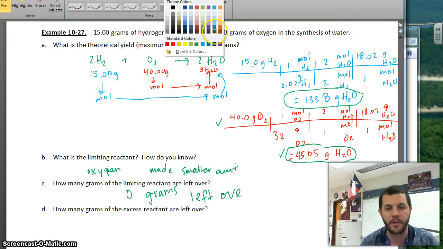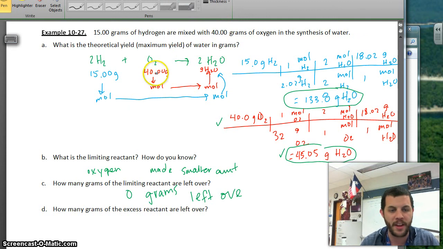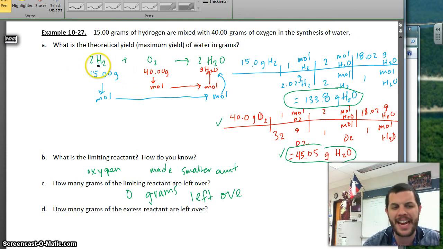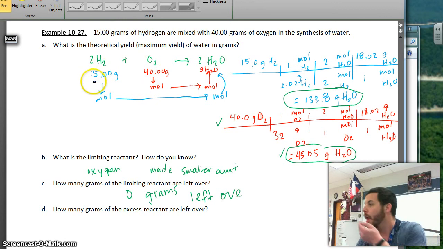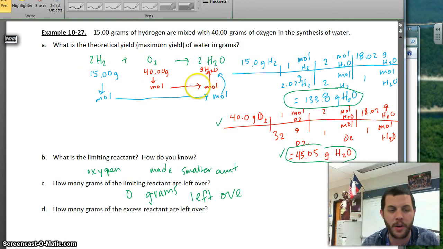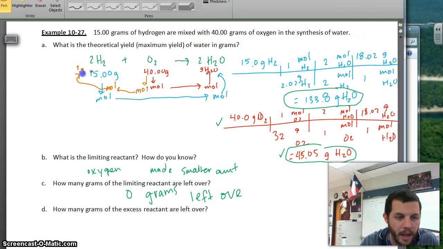All right, so what you're going to do now is say, okay, if I've got 40 grams of O2, I want to find out how many grams of H2 I actually used. So watch what I'm going to do. I'm going to go grams of oxygen to moles of oxygen to moles of H2, and then moles of H2 to question mark grams of H2 so that I can find out how much H2 I actually used, okay?